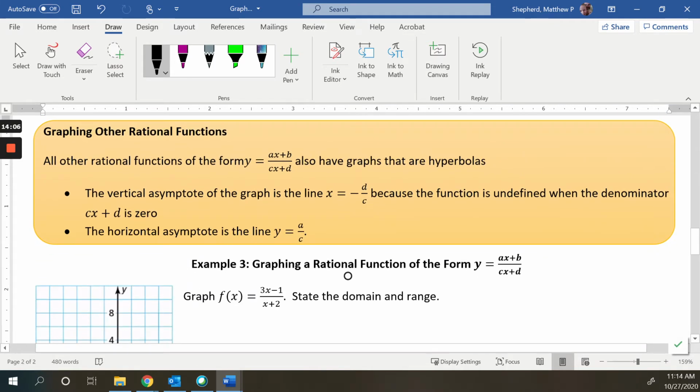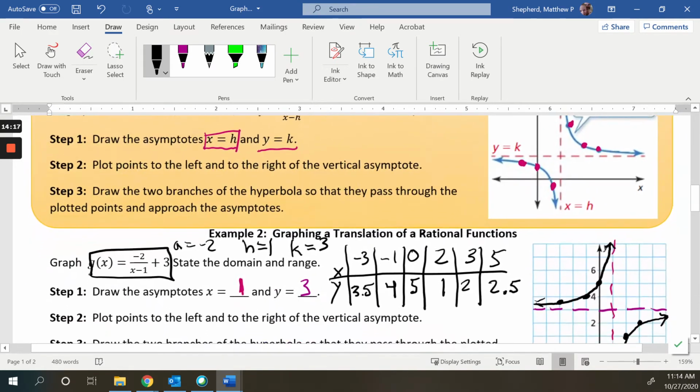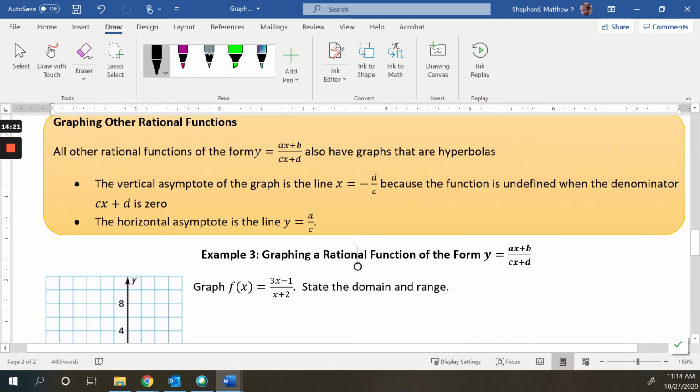Now, writing our functions the way that we did up here, in this format, a over x minus h plus k, that's not the only way these equations could occur. We could see it look like this. Now, our vertical asymptote is always going to happen where the denominator equals 0.